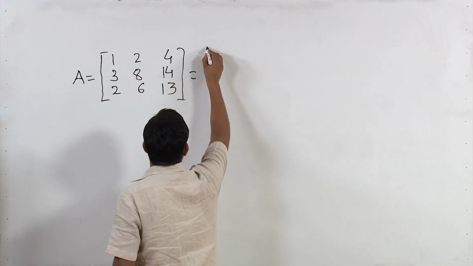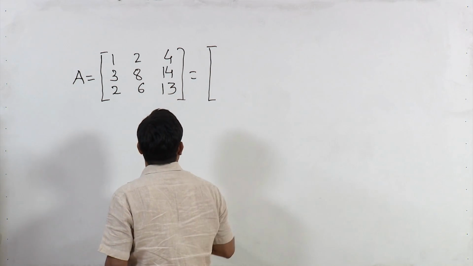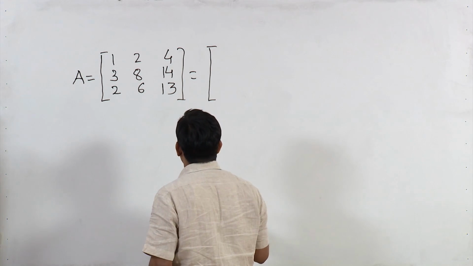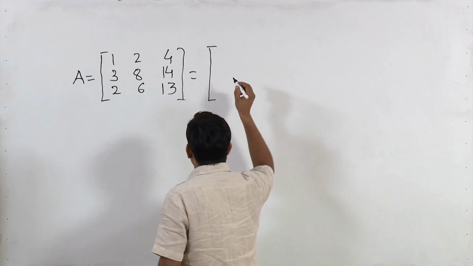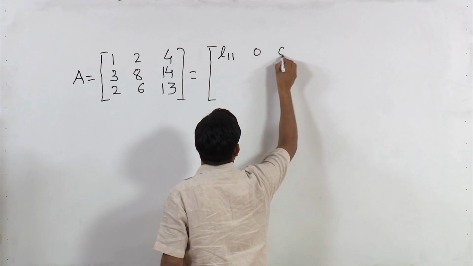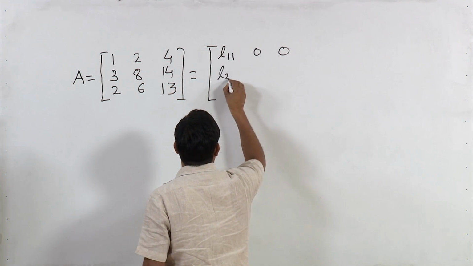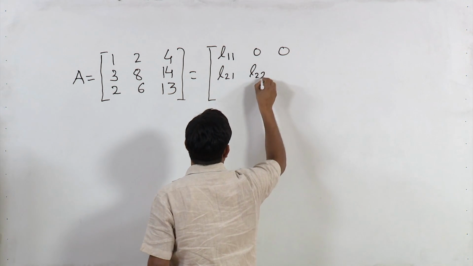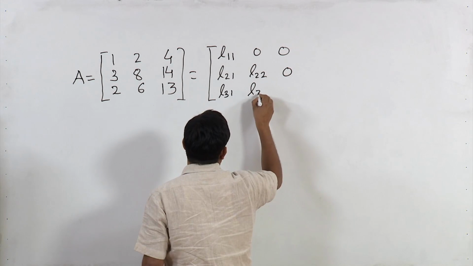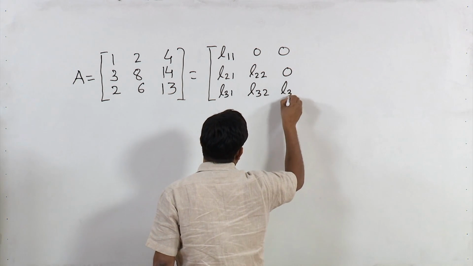Now, in Crout's method, when we are decomposing this into a lower triangular matrix and an upper triangular matrix, A equals L11 0 0, L21 L22 0, and L31 L32 L33.